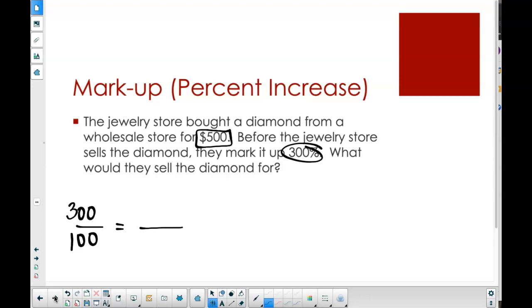Is that the change in the price or is that the original price of the diamond? That's the original price. $500 is the original price. That goes on the bottom. We're going to solve this. 300 times 500 divided by 100 is 1,500.